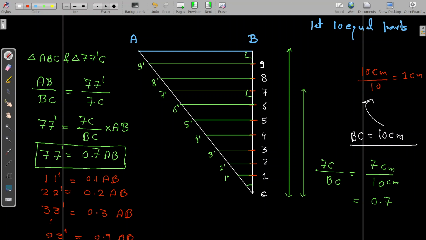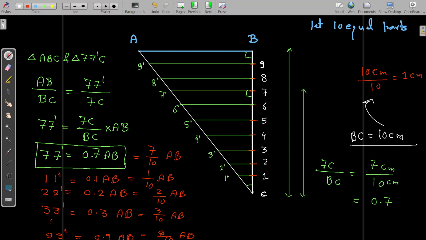Or the same you can write as 7 by 10 AB, 1 by 10 AB, 2 by 10 AB, 3 by 10 AB, and 9 by 10 AB.